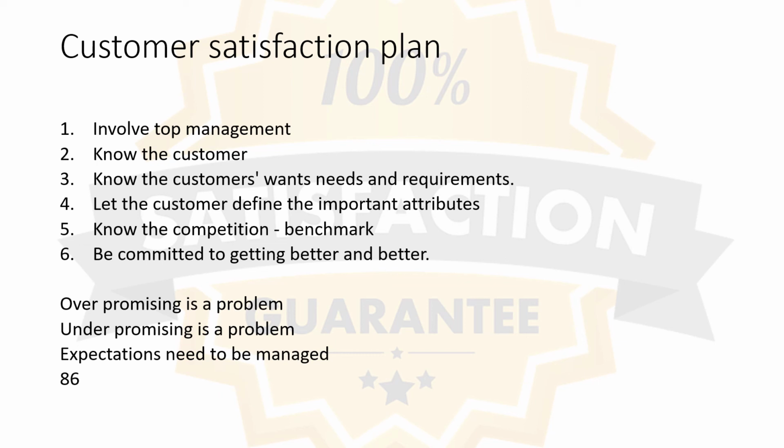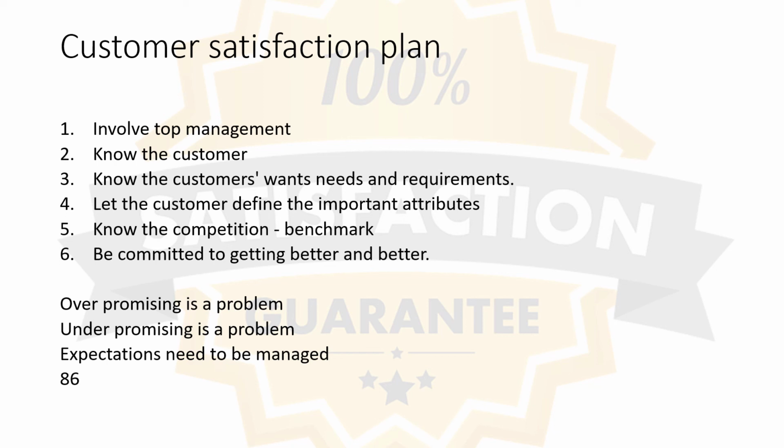Three other last points. Number one, overpromising is a problem. If you try to convince people that the product is going to be absolutely fantastic, then the problem is that it's going to be very difficult for the organization to reach that level of expectations. So overpromising is a problem. Underpromising is also a problem, right?